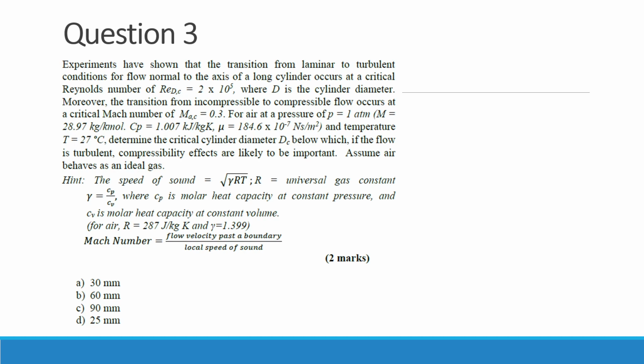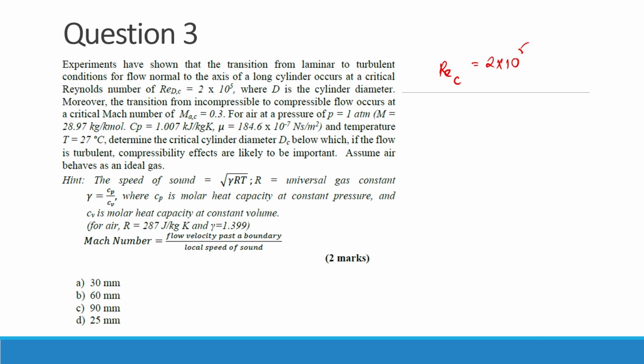So in this question we have been given that experiments have shown that the transition from laminar to turbulent conditions for flow normal to the axis of a long cylinder occurs at a critical Reynolds number of 2 into 10 raised to 5.